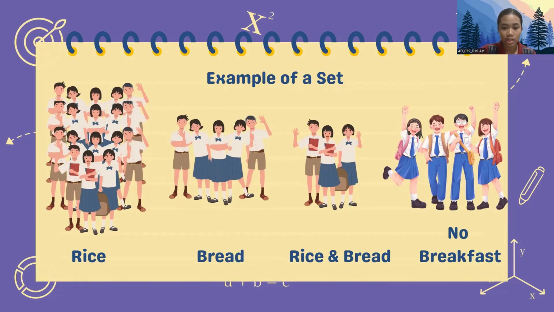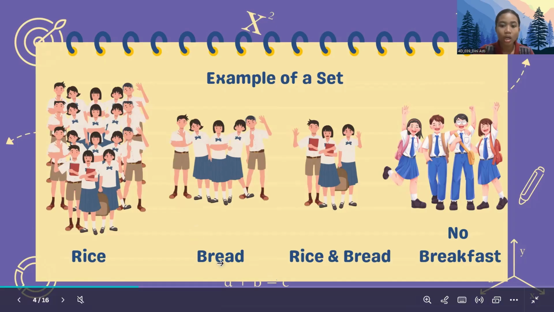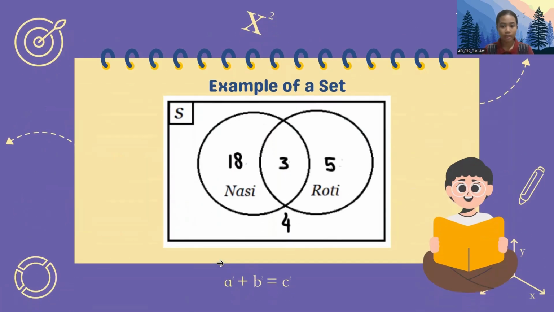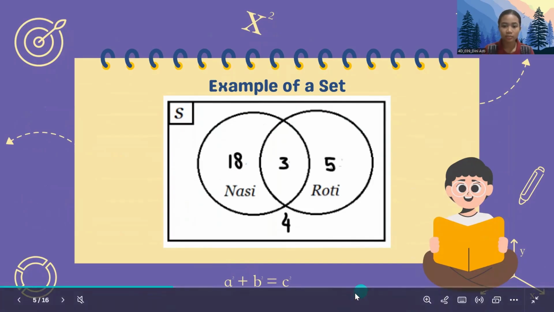In this situation, we can visualize the sets using a Venn diagram. Look at the screen.